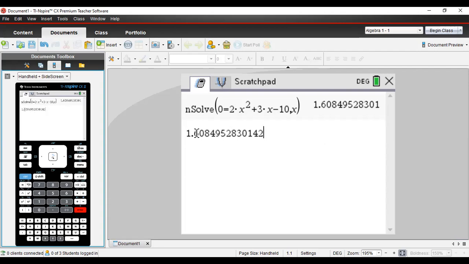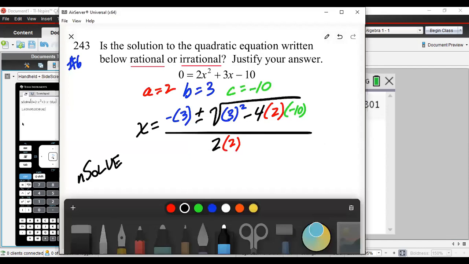The decimals are just a bunch of random numbers, 6, 0, 8, 4, 9, 5, 2, 8, 3, 0, 1, 4. There's no pattern here. So this is an irrational number. And this is what we're going to say. We would say it has irrational.